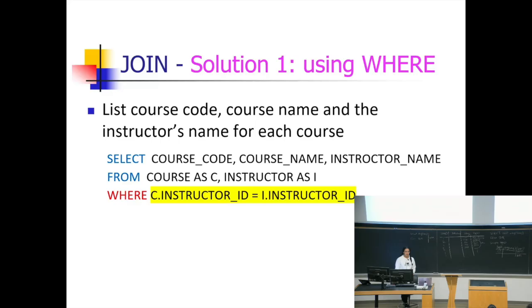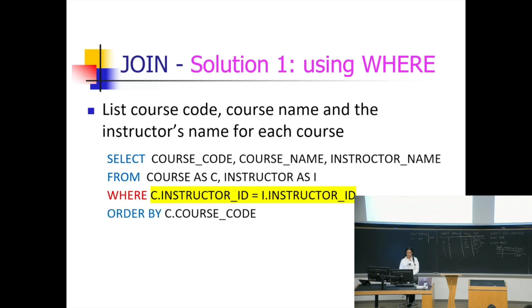So we added C.instructor ID equals I.instructor ID. Why is that? What is the instructor ID here? Instructor ID is your foreign key, right? As instructor ID in the course table was your foreign key, if you remember. I hope you remember that.